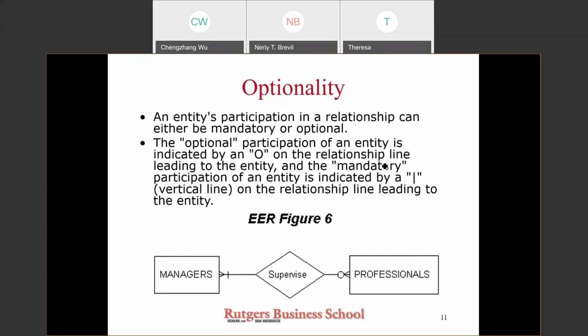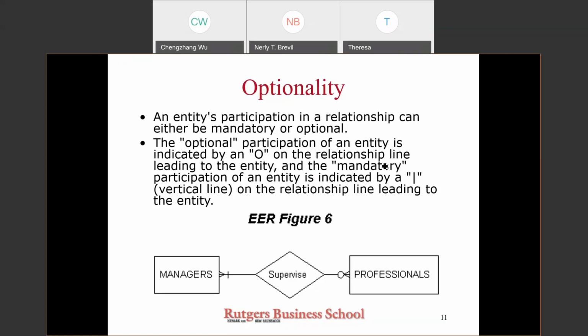So in this managers and professionals example, let's assume another rule. That is, a manager may be supervising many professionals or none at all.